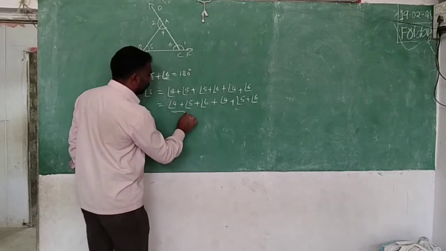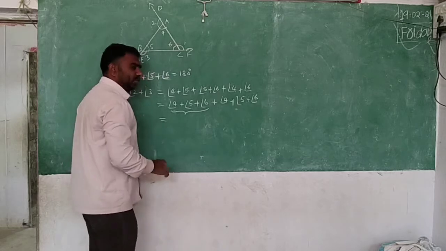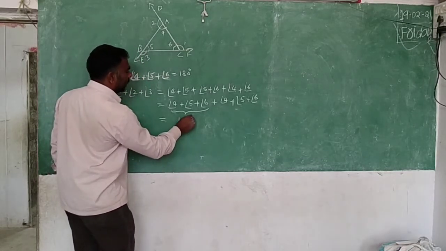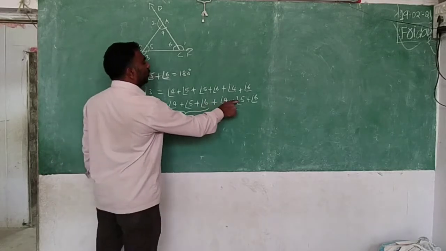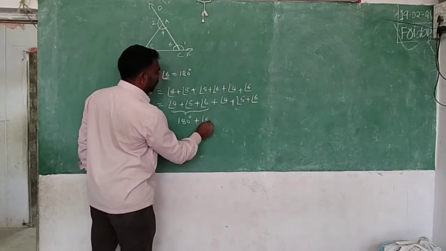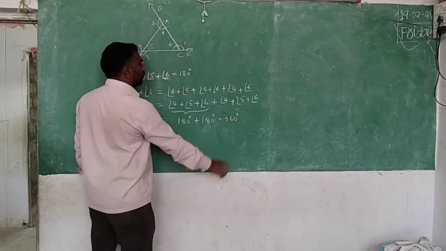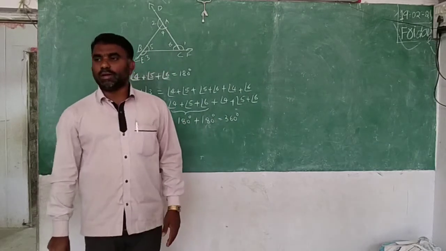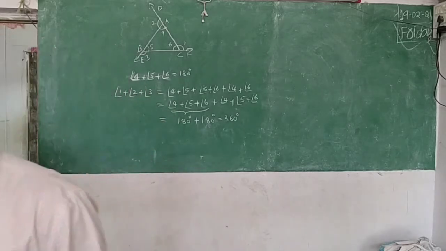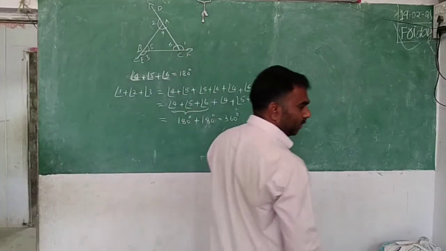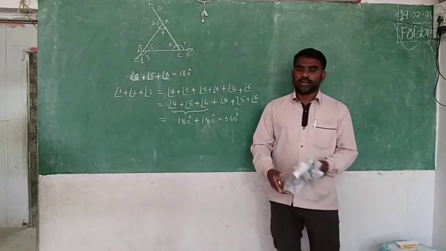Just now you said angle 4 plus angle 5 plus angle 6 is how much? 180. So the sum of exterior angles will be equal to 360. Sum of the three interior angles is 180, so the sum of the three exterior angles is 360. Okay, do you understand? Yes.